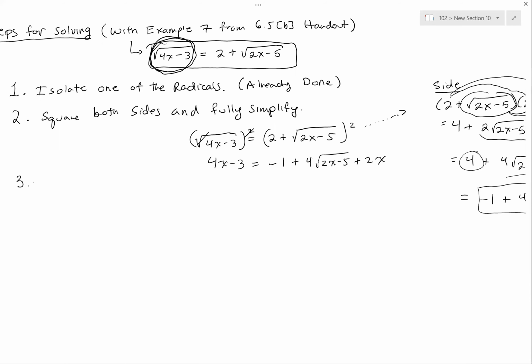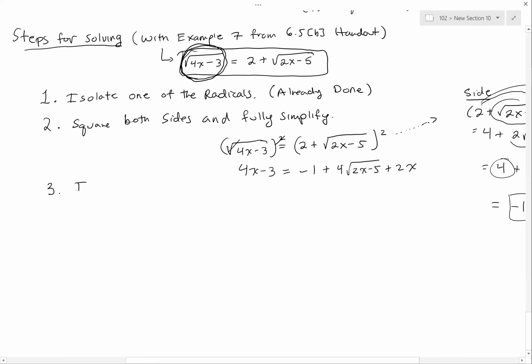So in step 3, if a radical remains, we want to isolate it, just like we would do in part A of this section. In other words, go back to step 1.